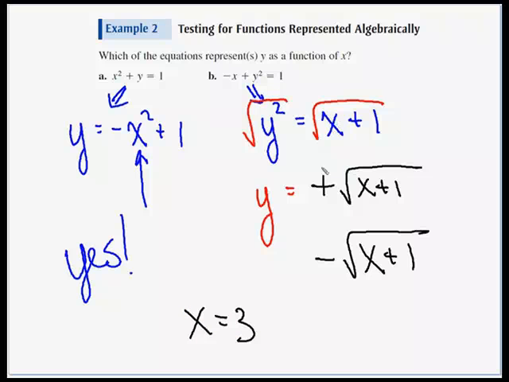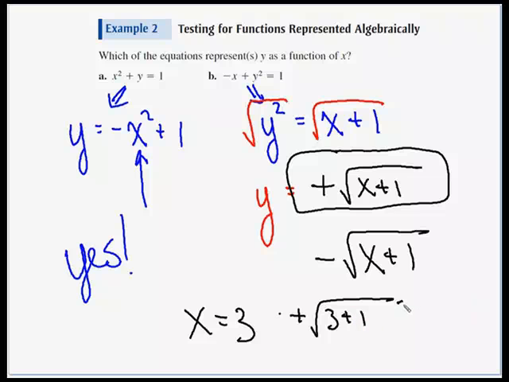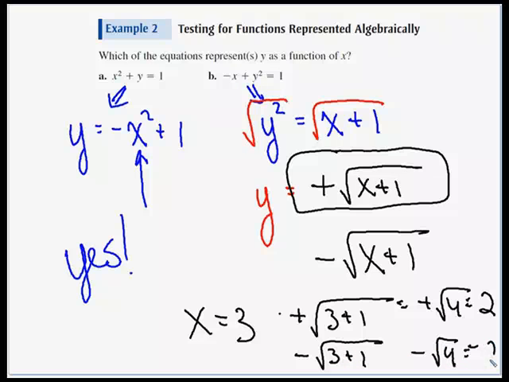If I plug x is 3 into this top piece, I get the positive square root of 3 plus 1, that is the positive square root of 4, which is 2. If I plug that same x value 3 into this bottom part, negative the square root of 3 plus 1, that's the negative square root of 4, or negative 2.